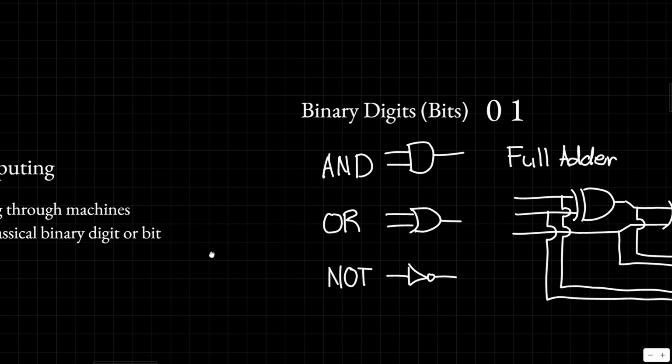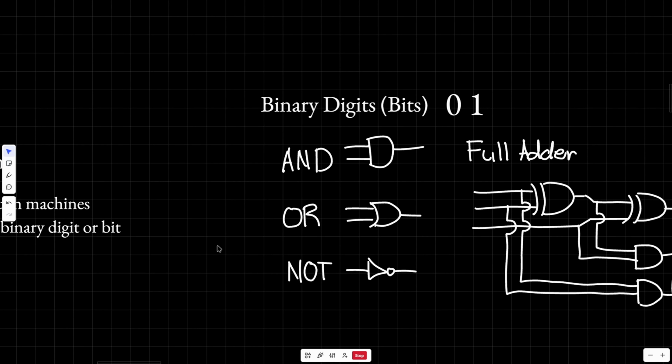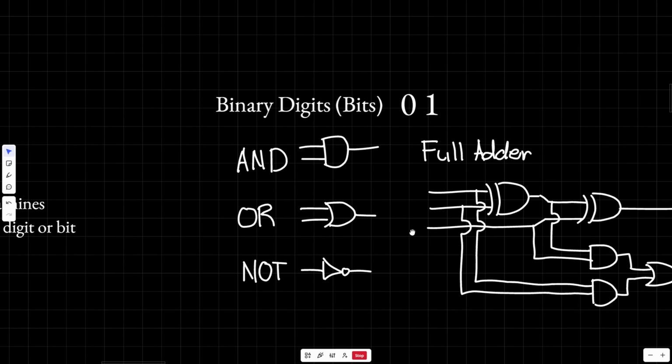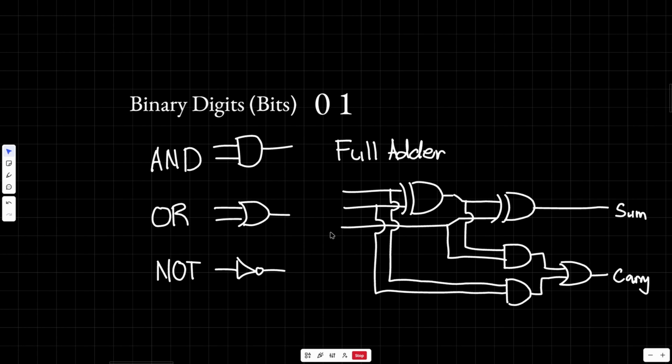Now, what are binary digits? They can represent any sort of information that can either be yes or no, on or off, and it is or is not. We can operate on these bits using logical operations like AND, OR, NOT, and represent them through circuits, such as these circuits right over here.